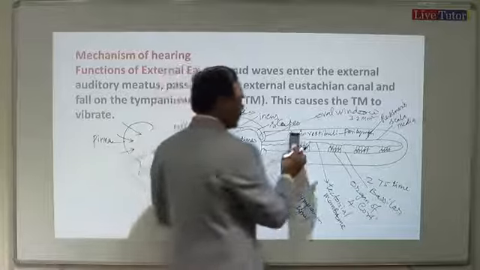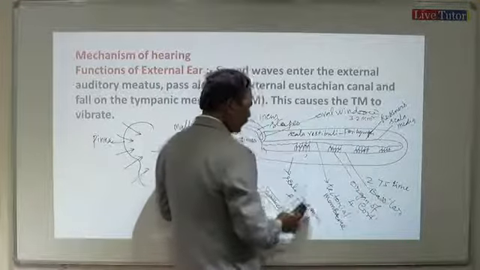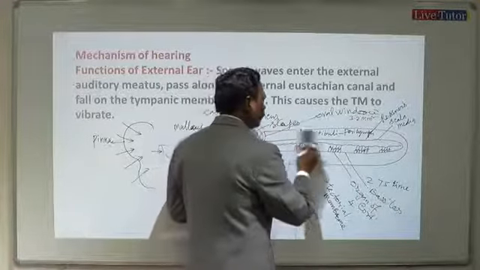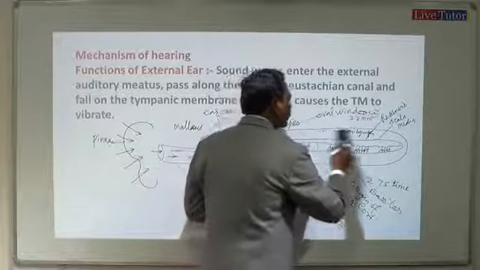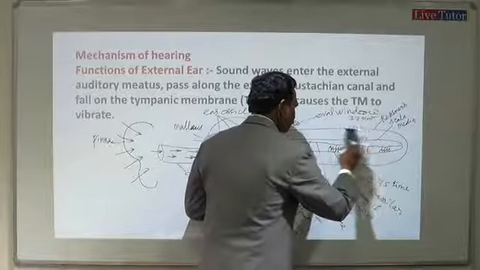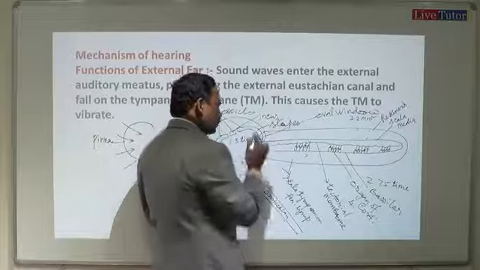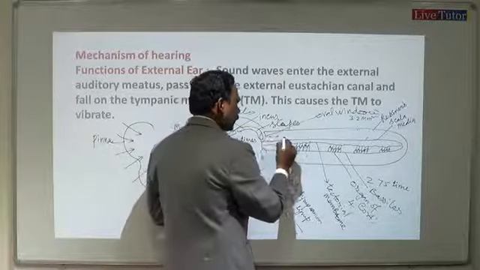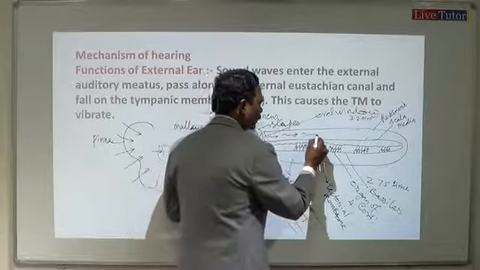So we know the scala vestibuli and the scala tympani are filled with what? Perilymph, and the middle is filled with what? Endolymph. So now the sound vibration is converted into what? Pressure waves.